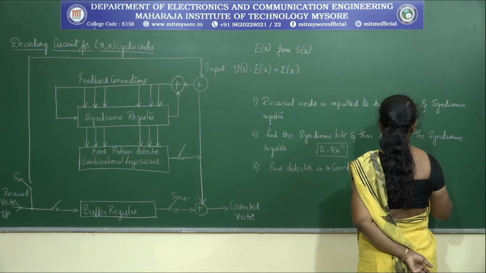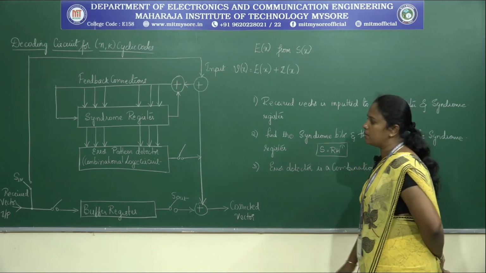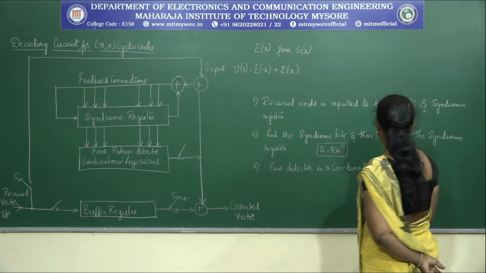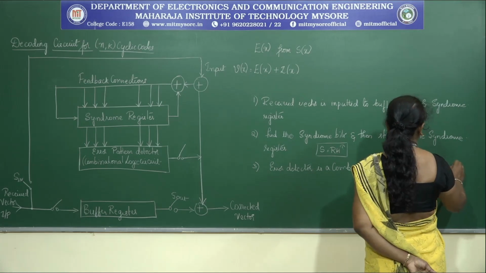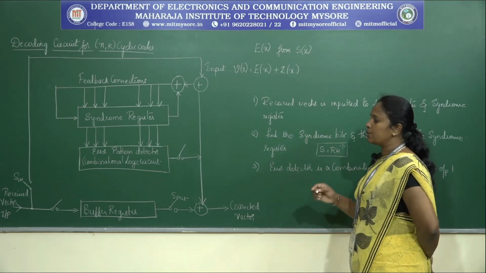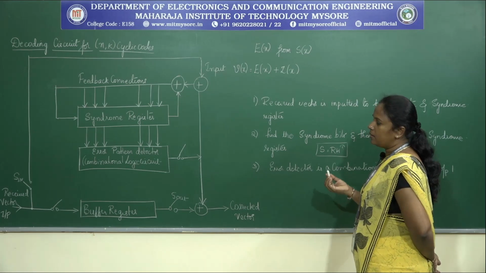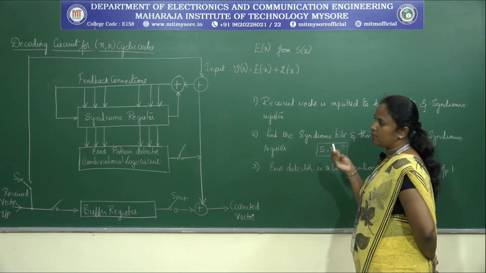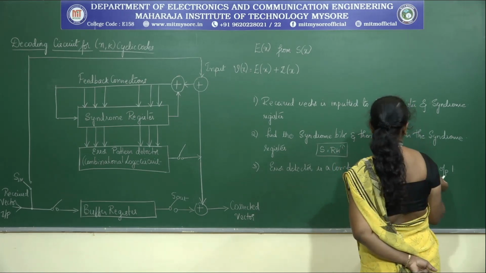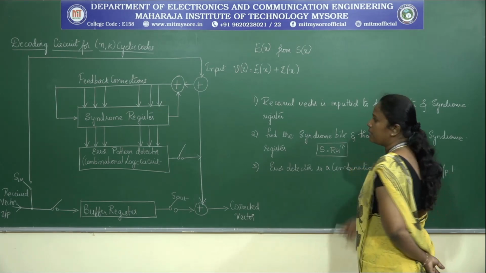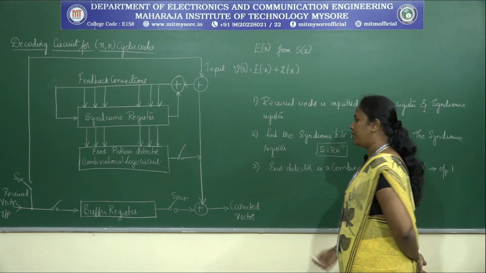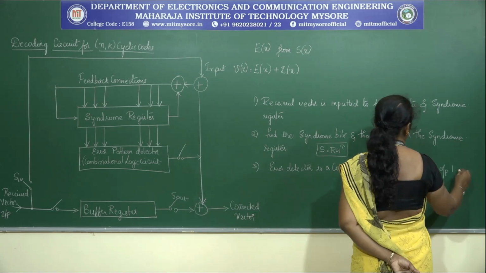The purpose of this logic circuit is to output 1 depending upon the syndrome register bits. If the output is 1, then we can say that the syndrome bit has an error.